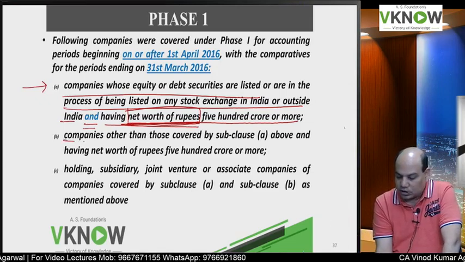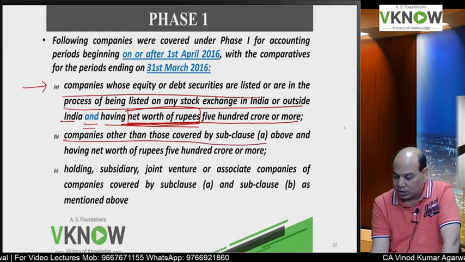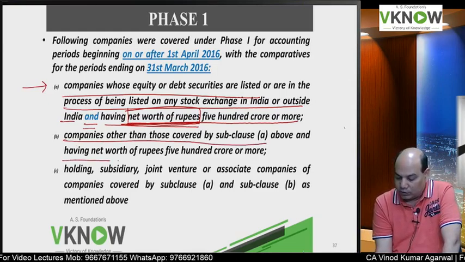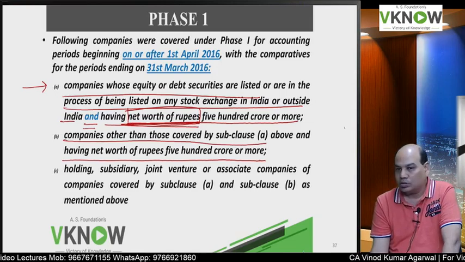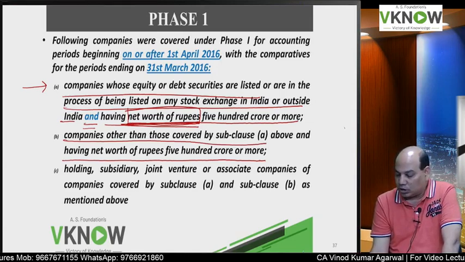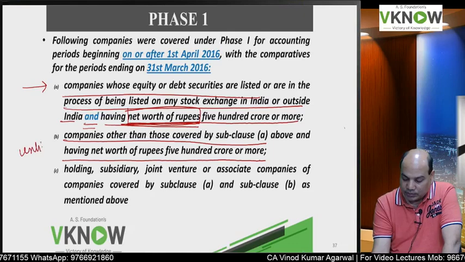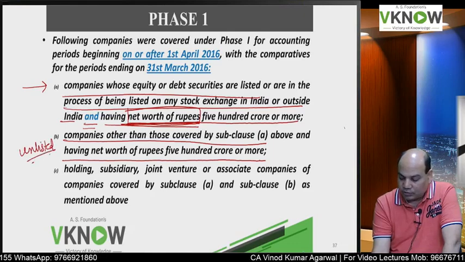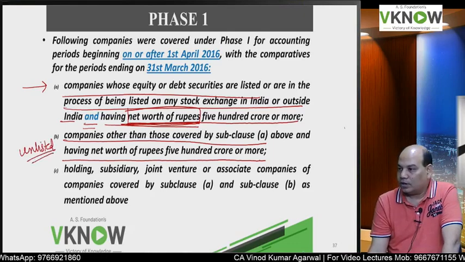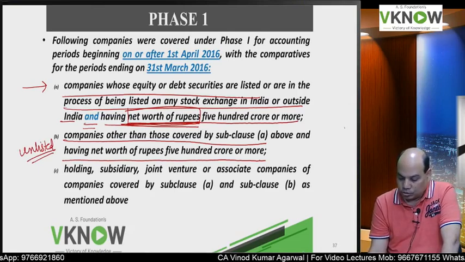Second is companies other than those covered by clause A above and having net worth of rupees 500 crore or more. So this means it is not a listed company. Other than listed company, you can say unlisted company whose net worth is 500 crore or more.